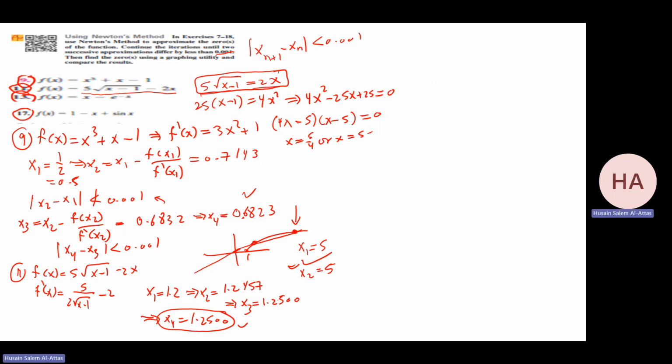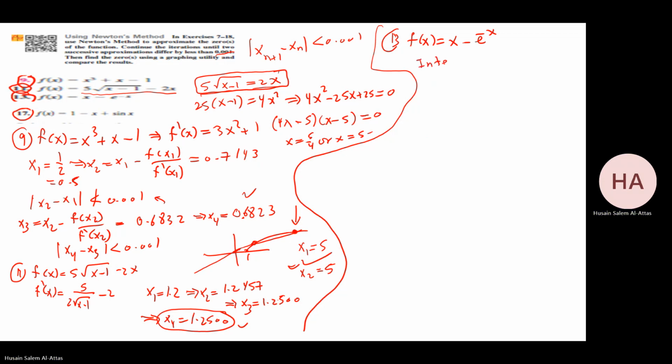Now let me move to number 13. f of x equal x minus e to the minus x. How to choose the starting point? On the intersection between y equal x and y equal e to the minus x.